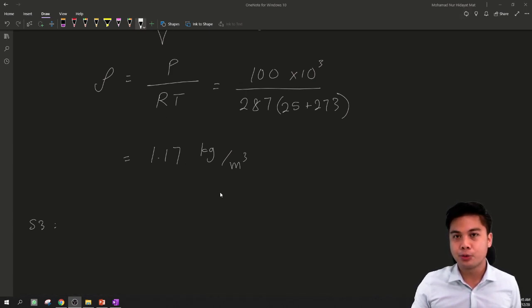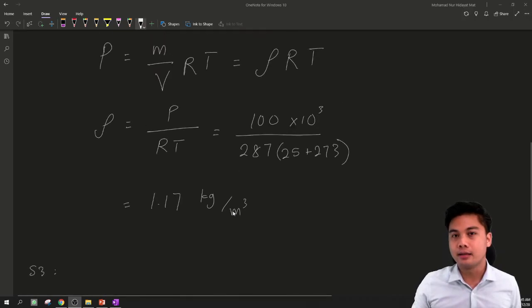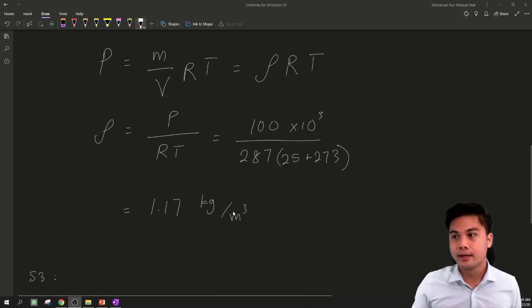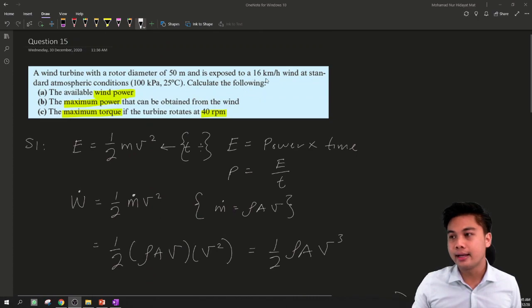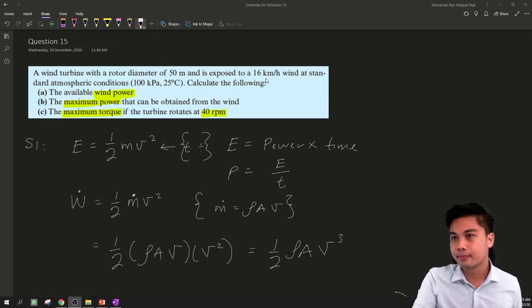Basically we don't have to apply the continuity equation because we don't have any mass flow rate or volume flow rate. Here the velocity is given directly, to be 60 kilometers per hour.